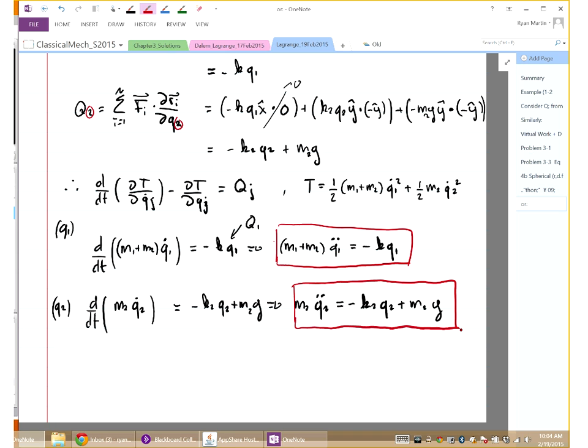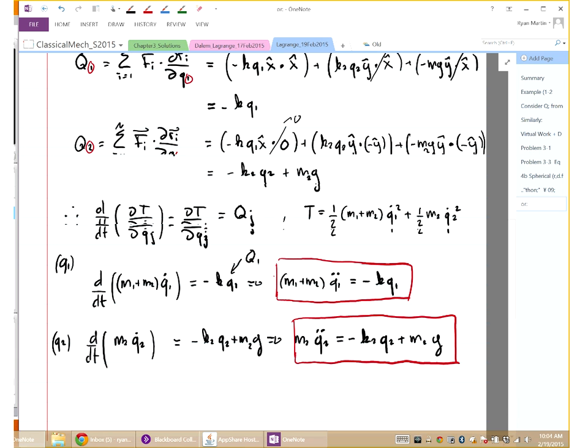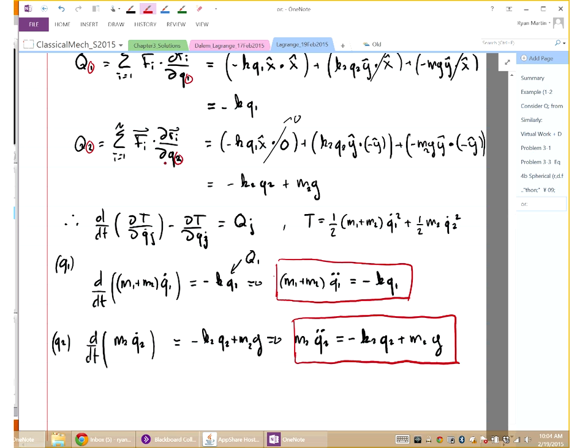So we're only taking the time derivative of the kinetic energy term, right? On the other side of the equation, we have the generalized force component. And so the generalized force component was just found by using that sum over Fi dRi by dQj.